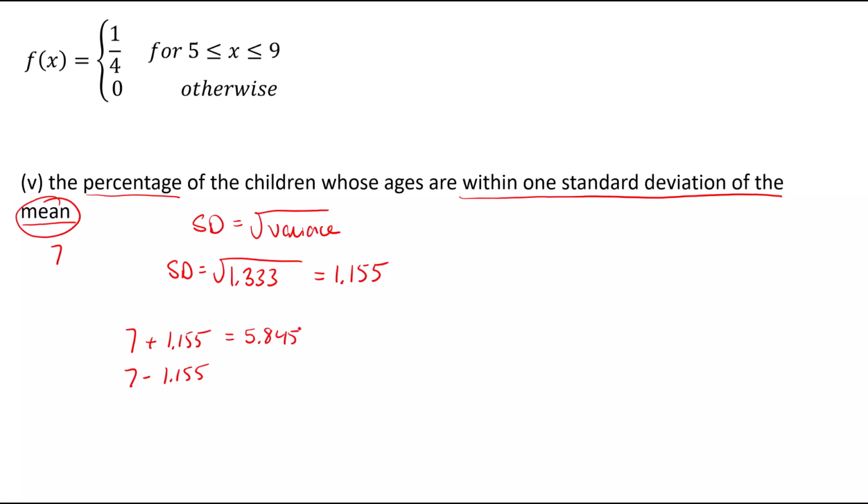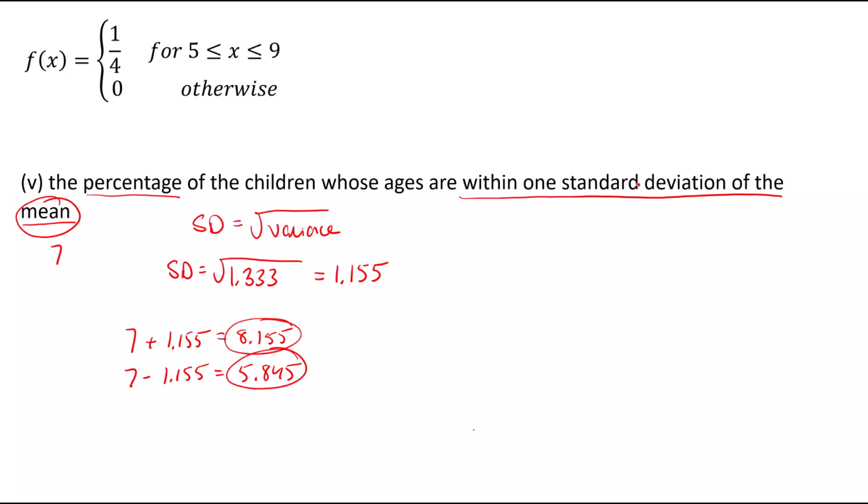For this one, when I add them, I'm going to get 8.155. And down here, when I do 7 minus this 1.155, I'm going to get 5.845.